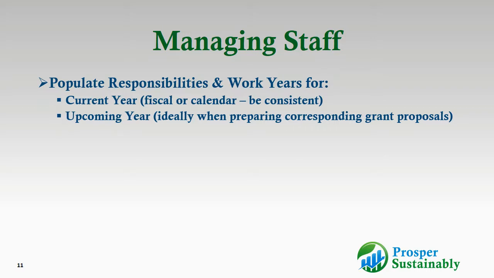Most fiscal years, the federal fiscal year, ends in September. But if you have state grants, those may operate on the state fiscal year, which may actually start on July 1st. So you want to be consistent, so you are working on a single year instead of 15 months, so you can see what the responsibilities are for a full work year instead of more than a full work year.